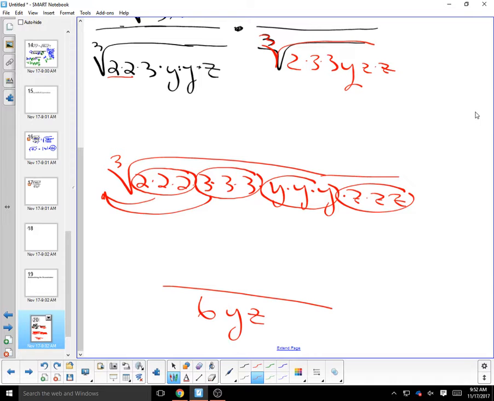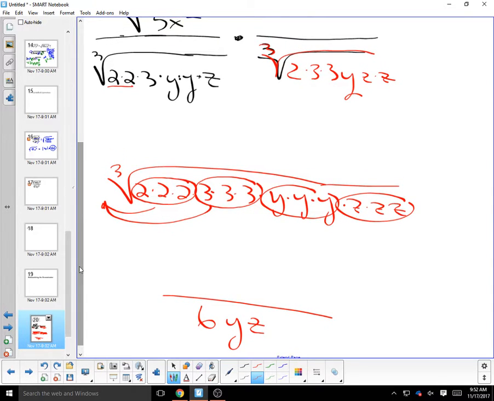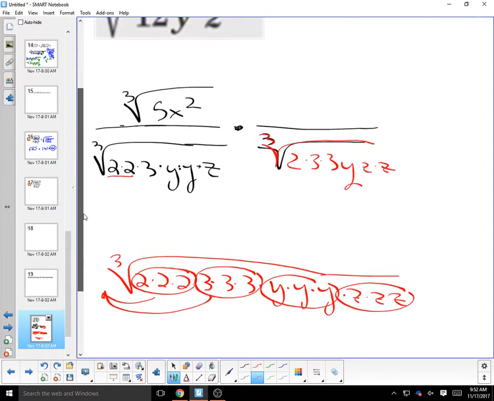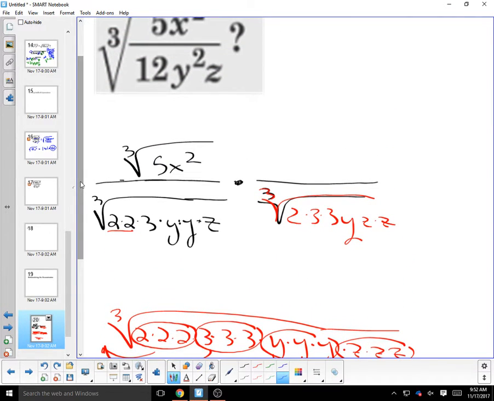Unfortunately, the top part is kind of the tougher part, because whatever I do to the bottom, I've got to do to the top. So I'm going to do the top part in blue. Because I multiply this denominator by 2 times 3 times 3 times y times z, I've got to do the same thing on top. What is 2 times 3 times 3? That's 9 times 2. 18. 18 y z squared.